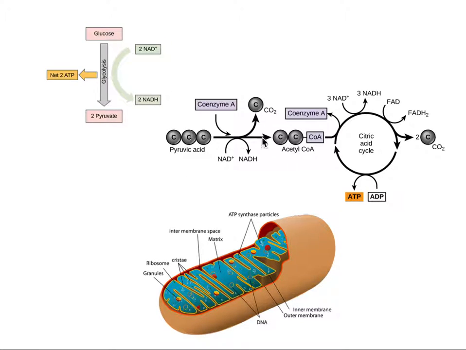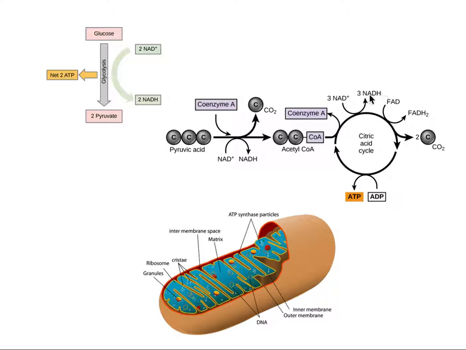And so they meet up with their coenzyme, becoming acetyl-CoA, and through the citric acid cycle, creating NADHs and FADH2s and a couple ATP. So what's going on here is these molecules, NADH and FADH2, are what are known as electron carriers.